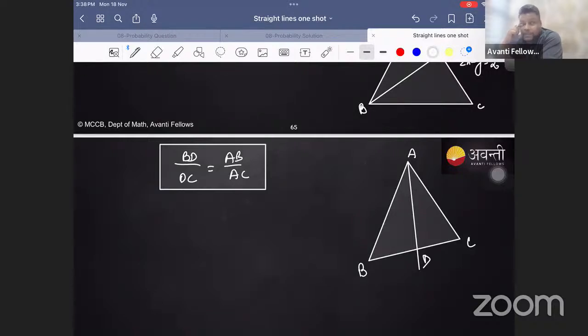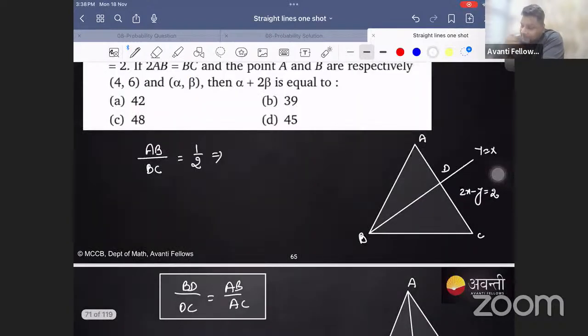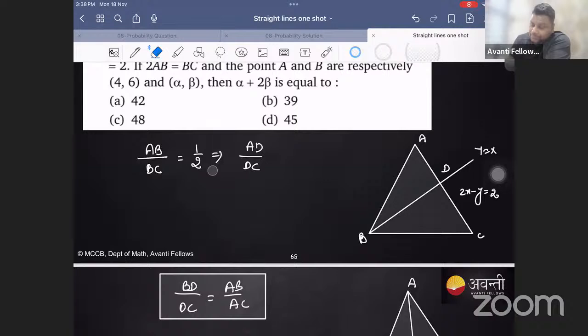So the sides containing the angle are AB and BC, so their ratio is AD to DC. Since AB upon BC is 1 by 2, AD upon DC is 1 by 2.